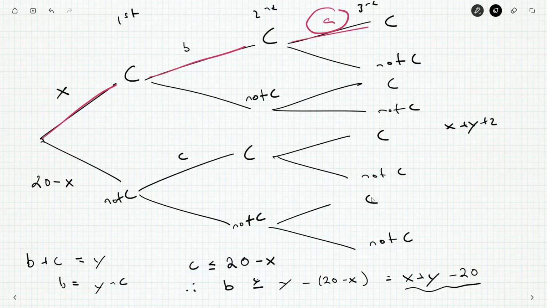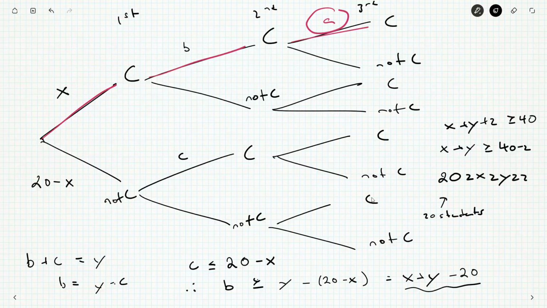X plus Y plus Z is greater than or equal to 40. X is greater than or equal to Y is greater than or equal to Z. So X plus Y has to be greater than or equal to 40 minus Z. But there's 20 students in total, so Z is less than or equal to 20.